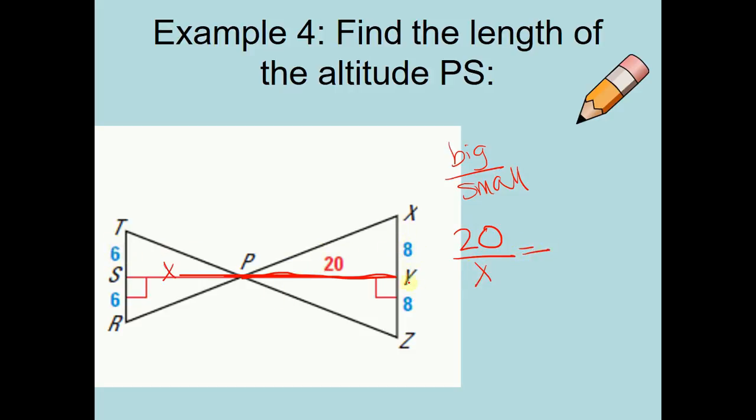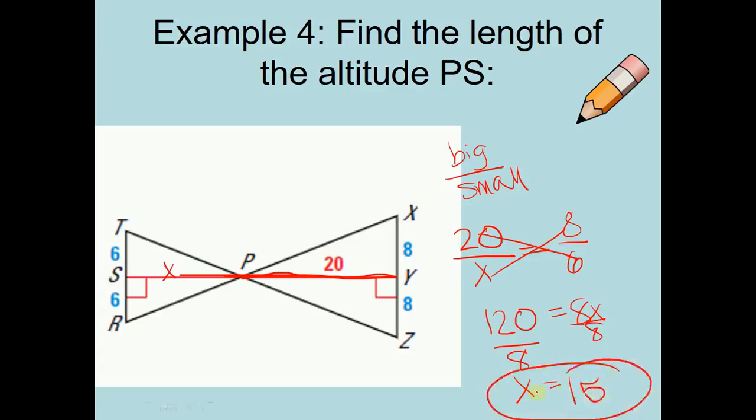Now I could do the full side, so that would be 16 over 12. That would work too. But I'm just going to go 8 over 6 because those are proportional as well. So 20 times 6, that is 120, equals 8x as I cross multiply that side. Divide by 8. And I get x equals 15. So my altitude, PS, is 15 units long.